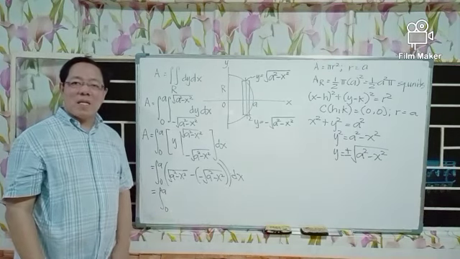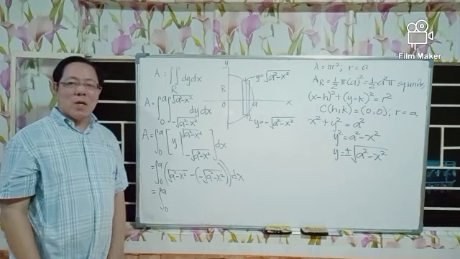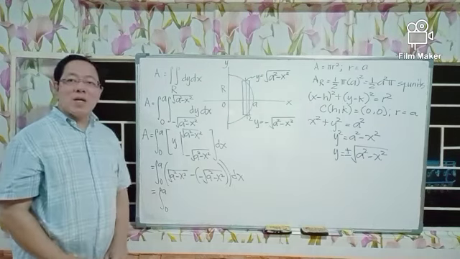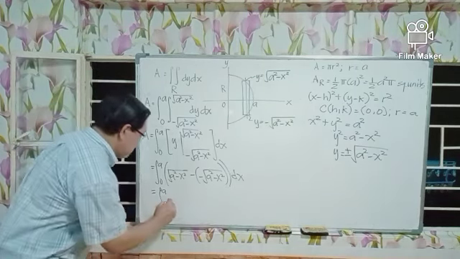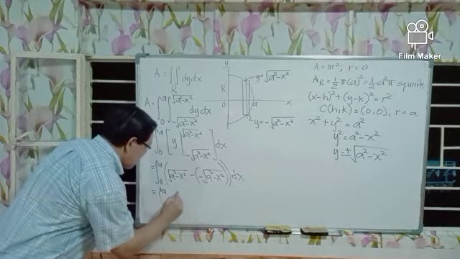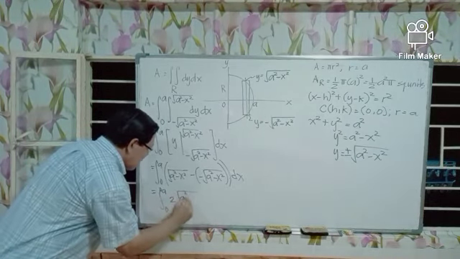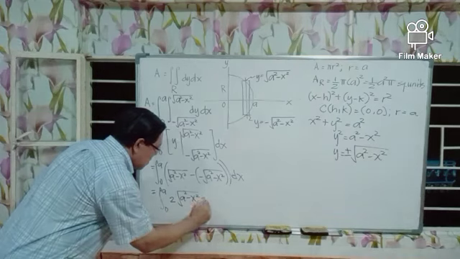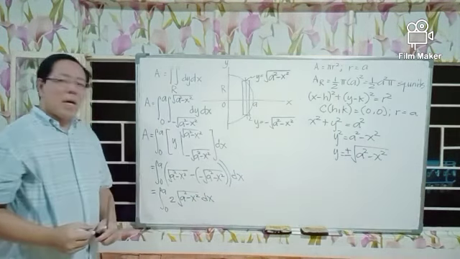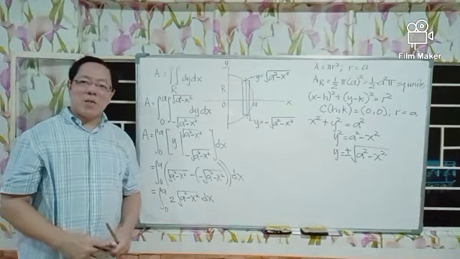It's like combining like terms and you get 2 square root of a squared minus x squared. And we integrate with respect to x.